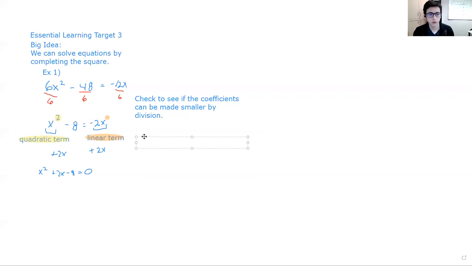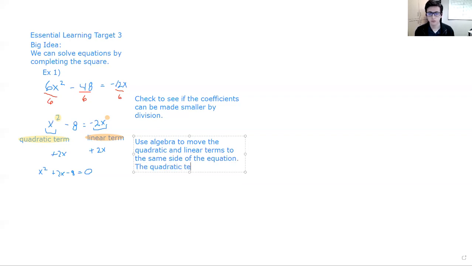So what was this step? We use algebra to move the quadratic and linear terms to the same side of the equation, and the quadratic term should be positive.